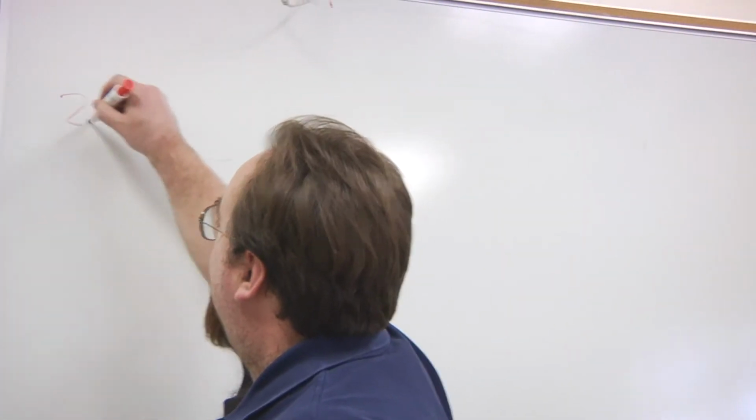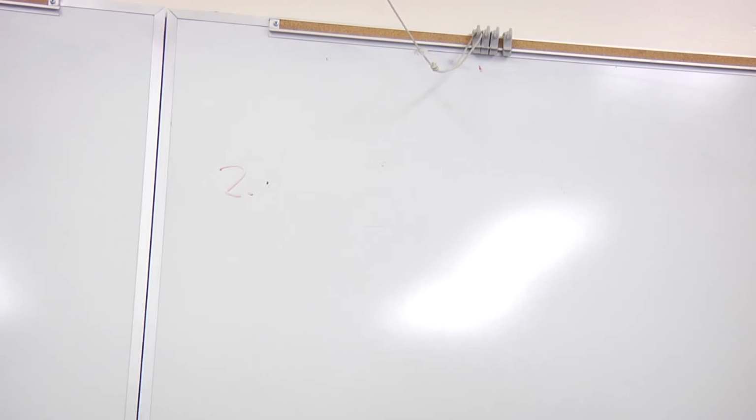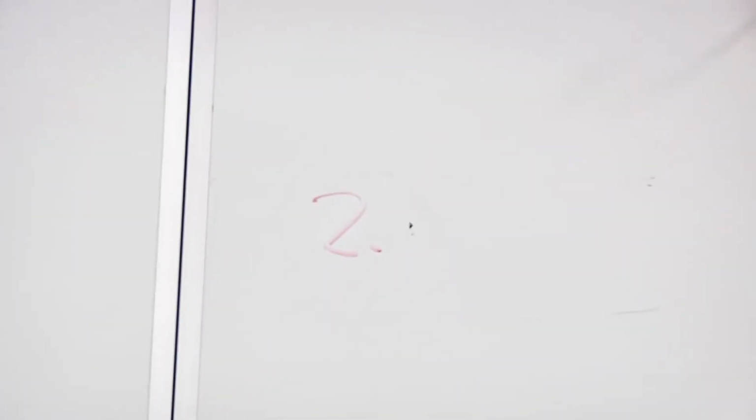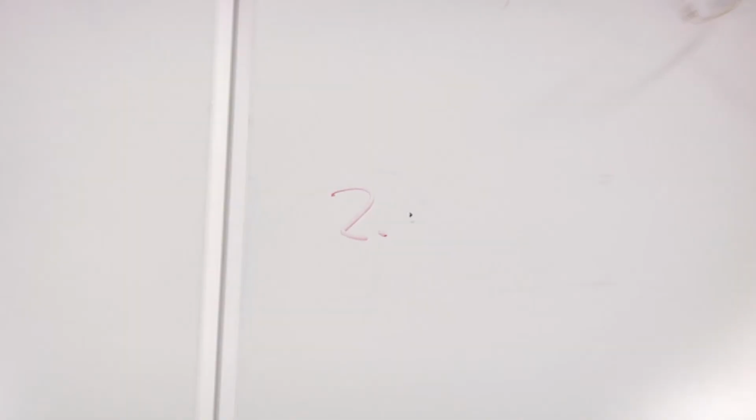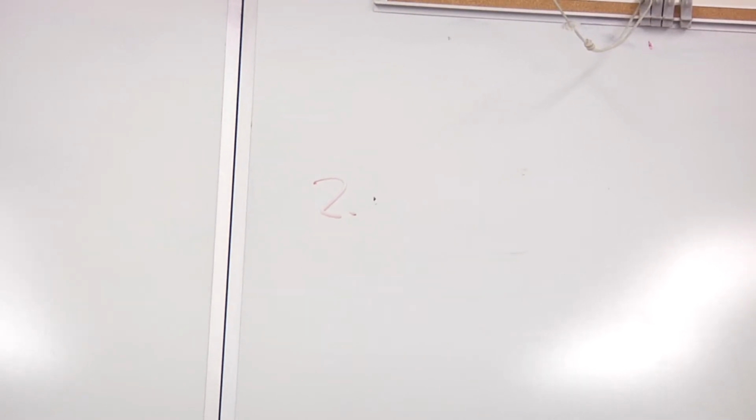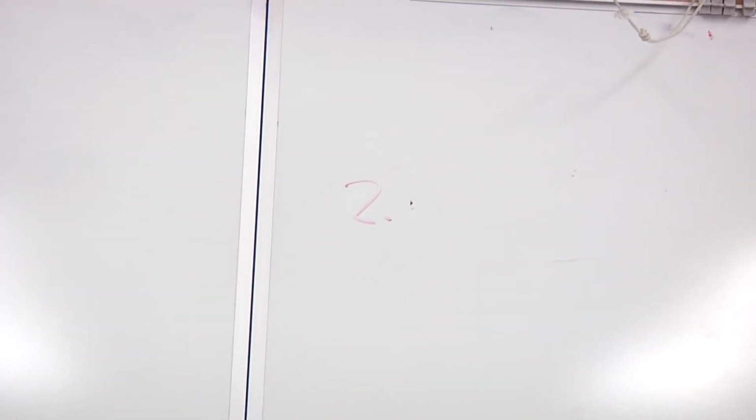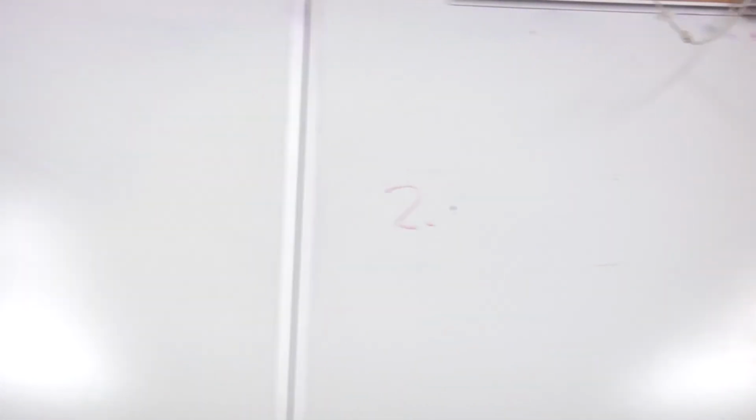But 2, that's a bit more involved. Okay. So this is a good old Lagrange multiplier problem with multiple constraints. The 2 equations that are given are the constraints.